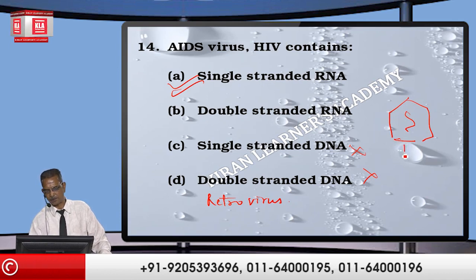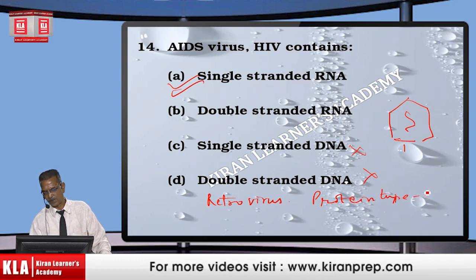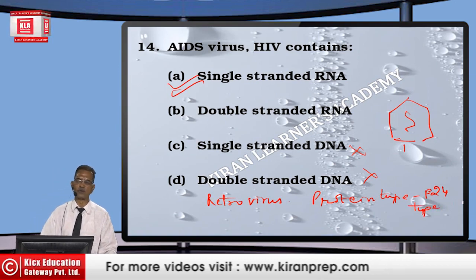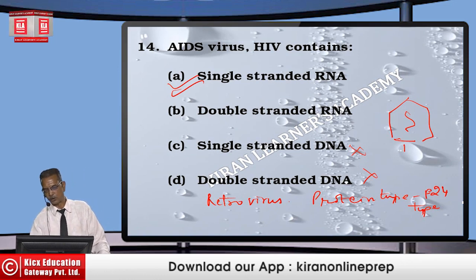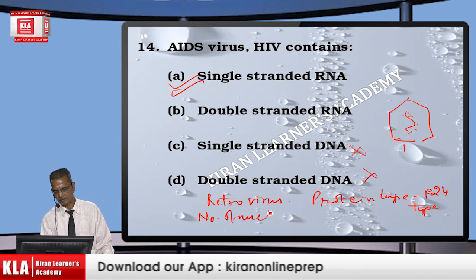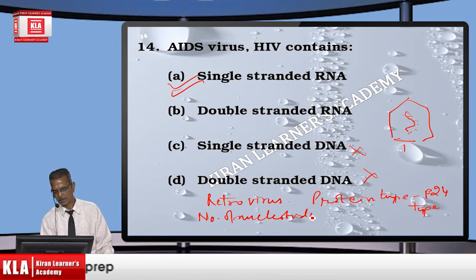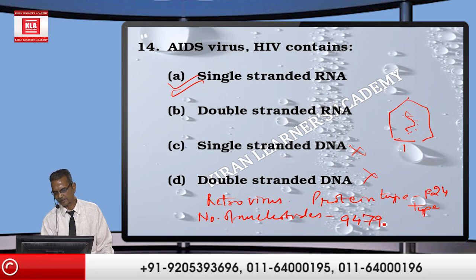The protein type is P24 type. These are the type of proteins which are found in the viruses. And if we look at the number of nucleotides, it is 9,479.